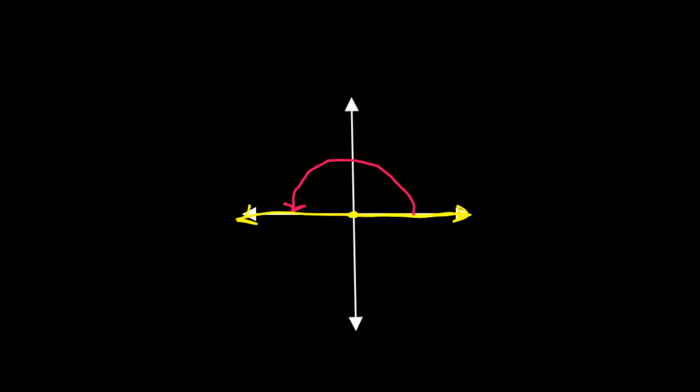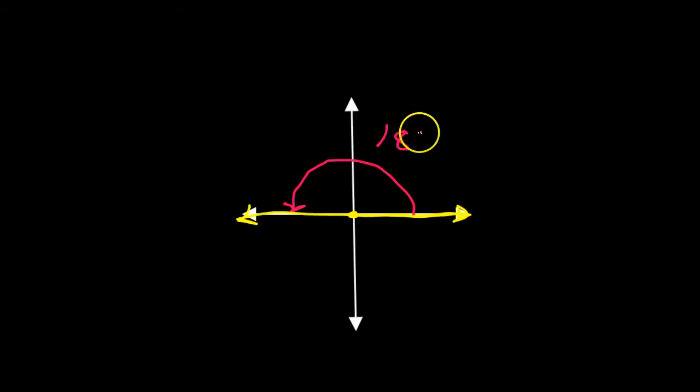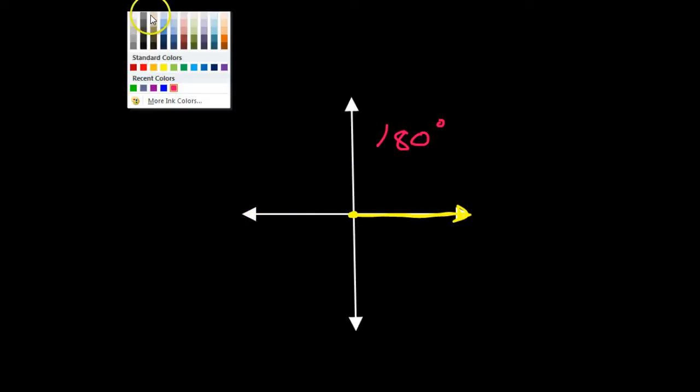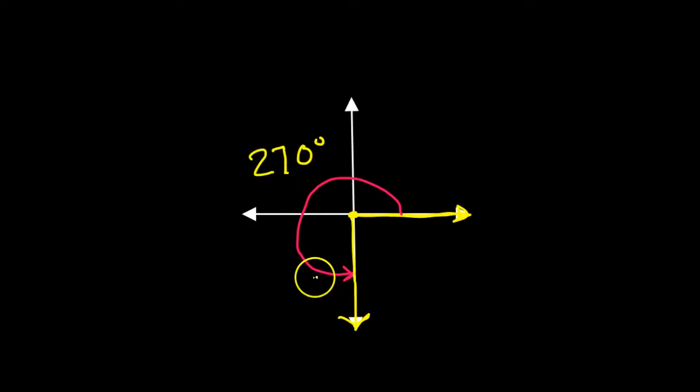If this is my terminal side, then what you just witnessed was a 180-degree angle. And you can keep going. What if I went 3 quadrants like this, and my terminal side was here? 3 times 90 is 270, so this would be a 270-degree angle.